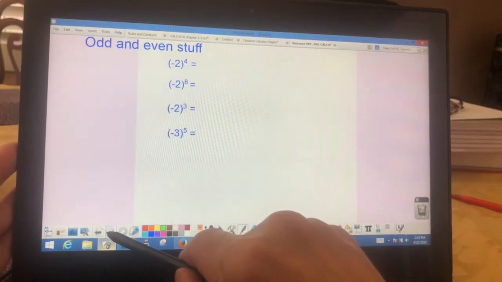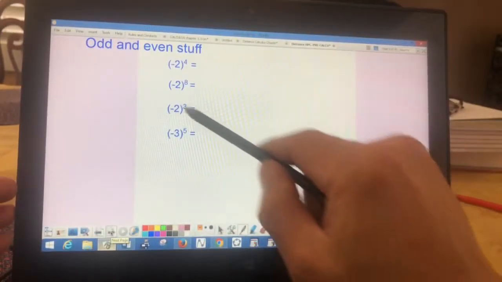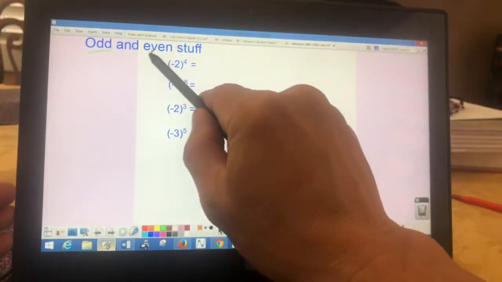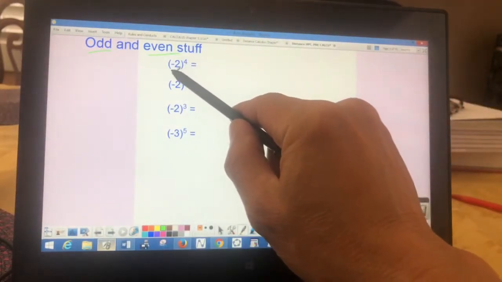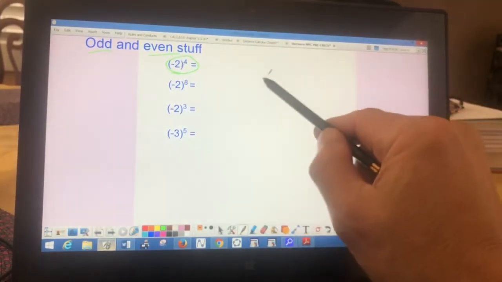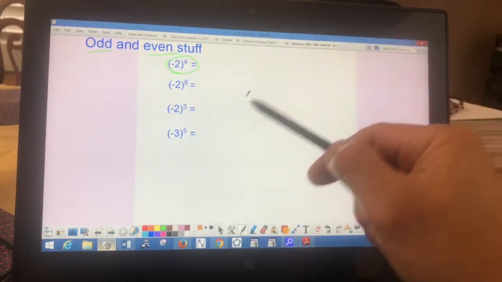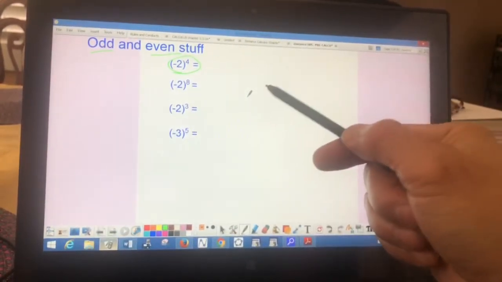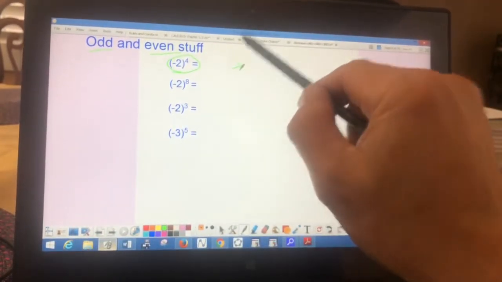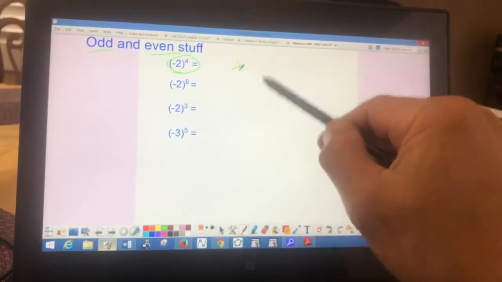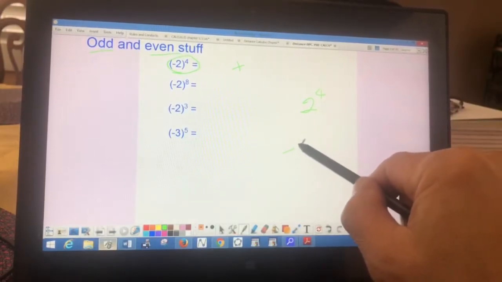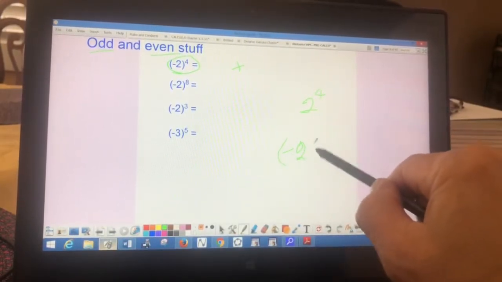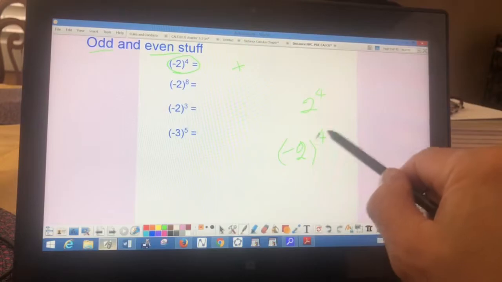All right, odds and even stuff. So the term odd and even, this is what I understand. If you have a negative number and then you go with an even exponent, you're always going to get a positive outcome. So you can just look at 2 to the 4th as being the same as negative 2 to the 4th power, because the exponent is even.